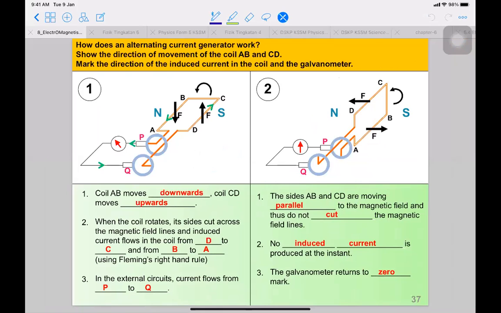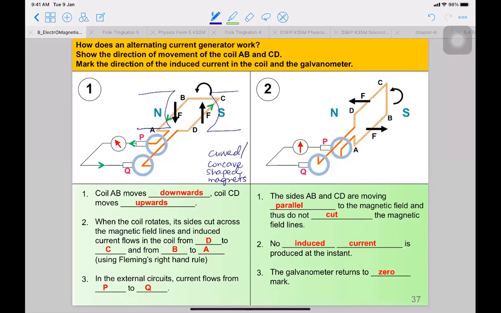Okay, in step number 1, if we look here, the rotation is still going anti-clockwise. This is still the magnet, curved or concave shape magnets.